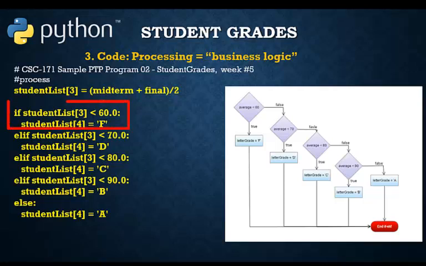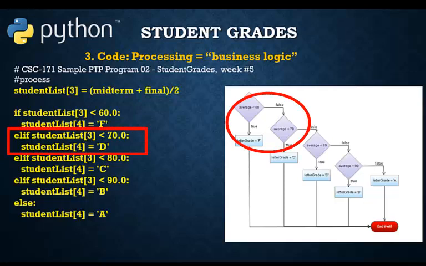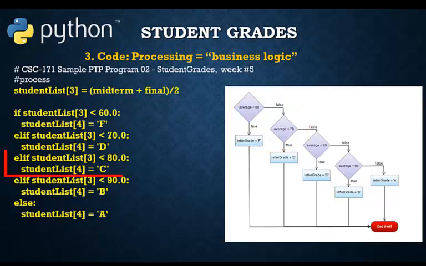We check, is the semester average less than 60? If so, then we need to assign a letter grade of F. But if not, let's see if it's less than 70. If it is less than 70, it had to have been greater than 60, and we assign the letter grade of D. But if it's not less than 70, then we check, is it less than 80?